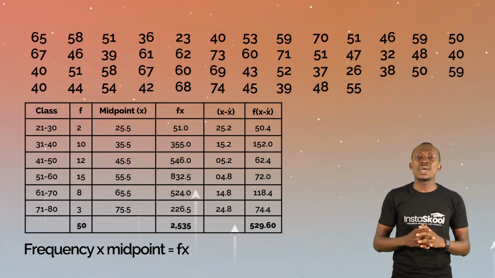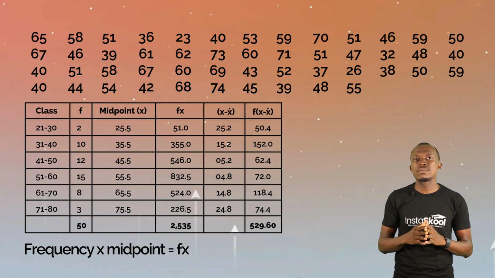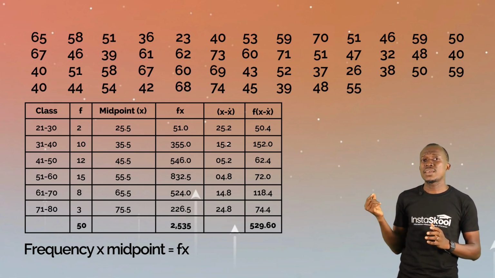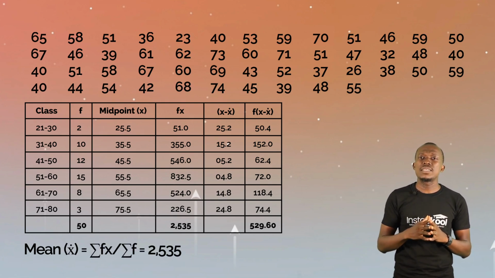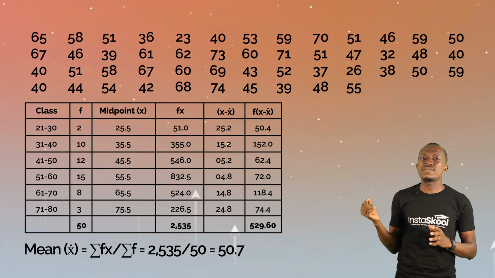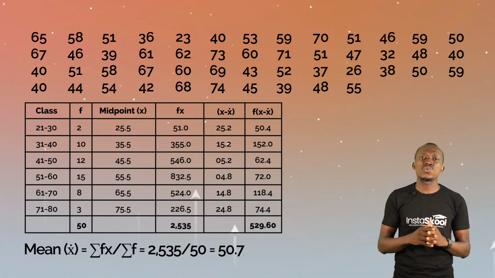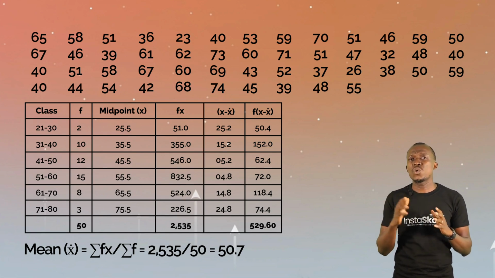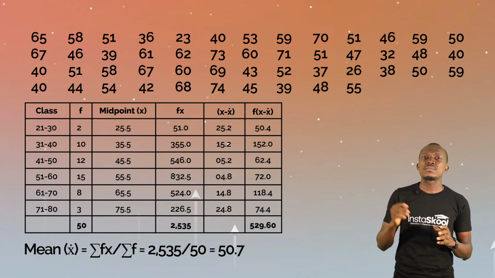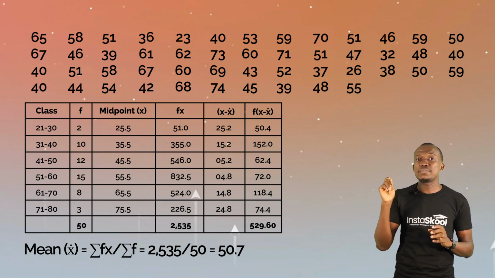When this is done, we add up all our fx and all the frequency. Then we can now calculate our mean by doing summation fx divided by summation f. And this is 2535 divided by 50, which is equal to 50.7.